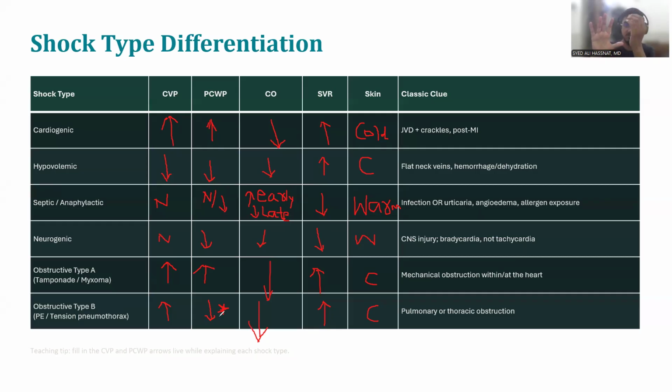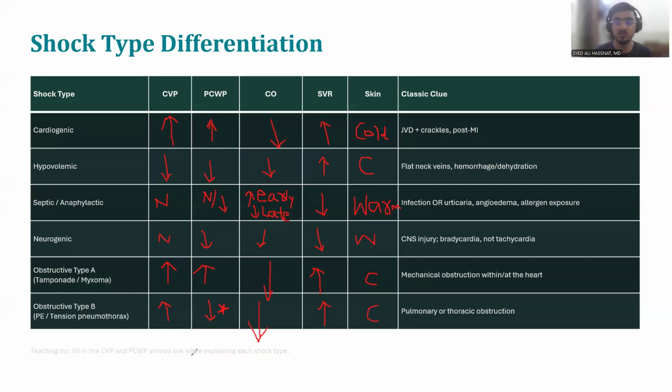If the lung is collapsed, or if there is an embolus here, the blood is unable to go from here up to here. So less blood is going from the lungs to the pulmonary capillaries, and the pressure in the pulmonary capillaries will obviously be decreased. That's why the PCWP is decreased here.